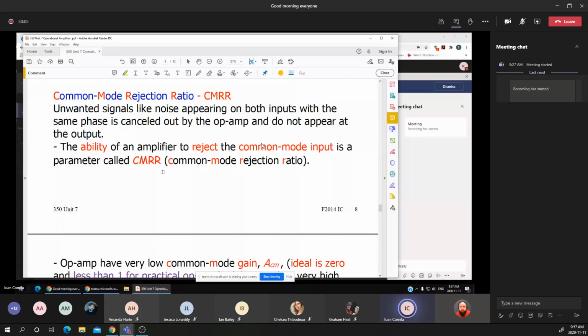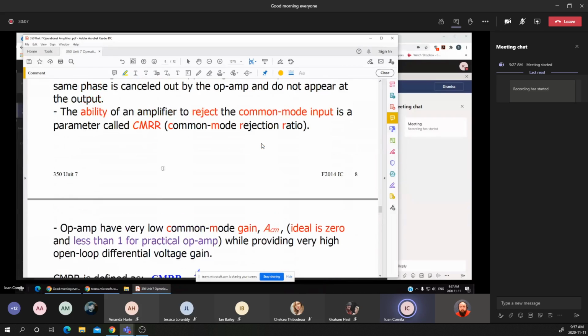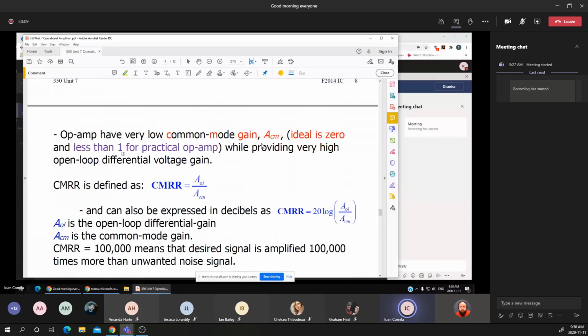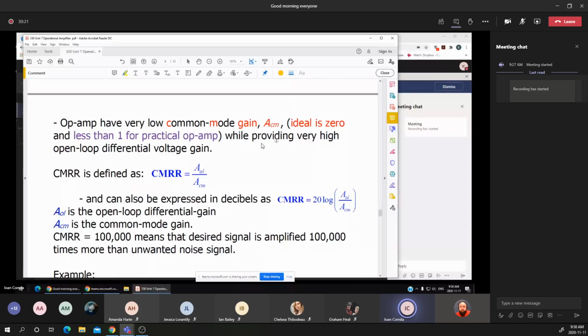Now, the common mode rejection ratio, we are looking to keep this value as low as possible, but we will see some practical values in terms of a large number or in terms of a small number. And that's the second parameter that will be given, the ACM, the gain for the common mode.